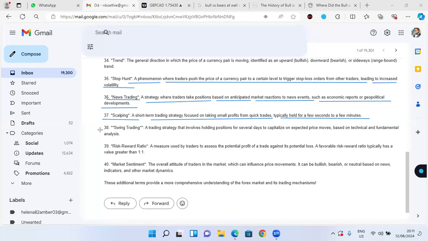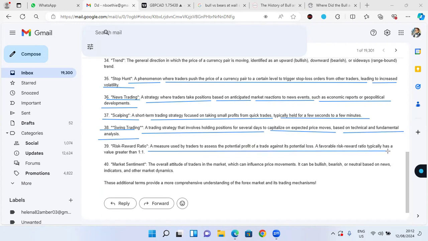Then we move to swing trading, a trading strategy that involves holding positions for several days. Maybe you buy on Monday and hold until Friday to capitalize on expected price moves based on technical and fundamental analysis. That is known as swing trading. And then the risk to reward ratio. It's a measure used by a trader to assess the potential profit of a trade against its potential losses.